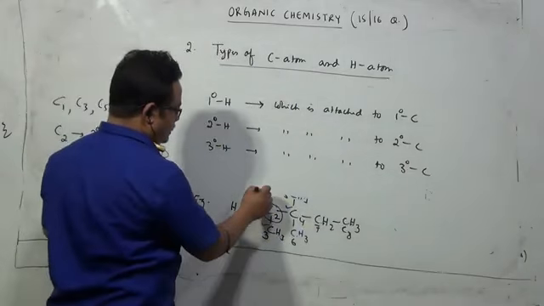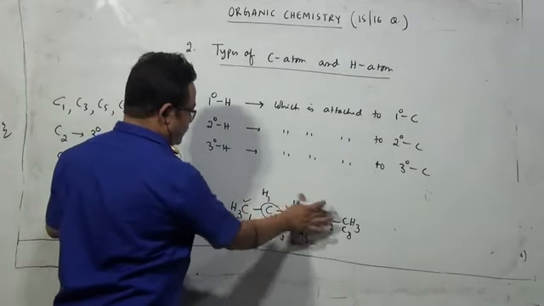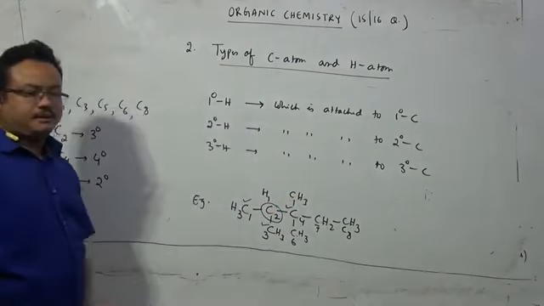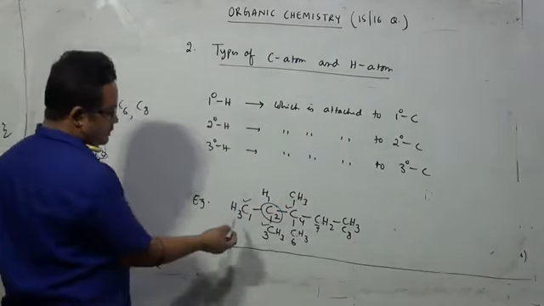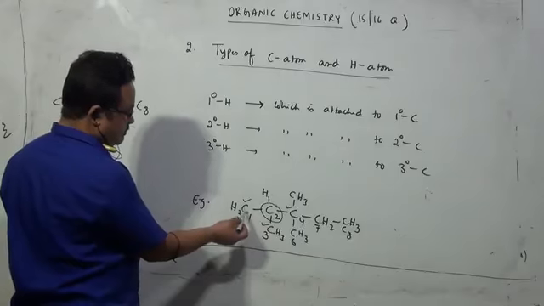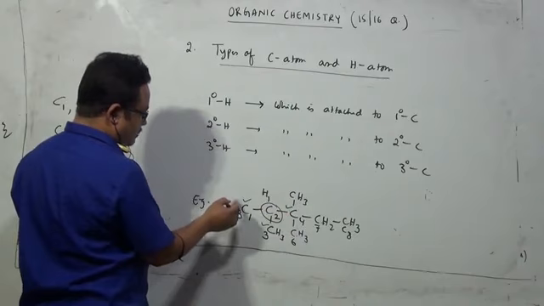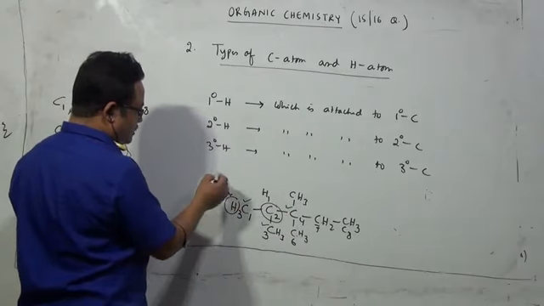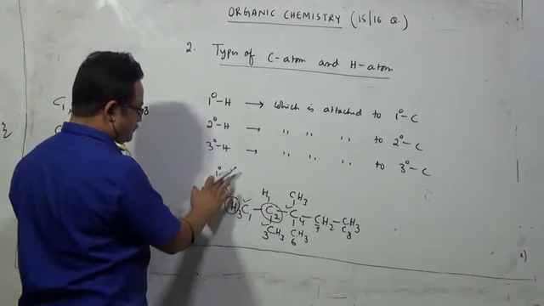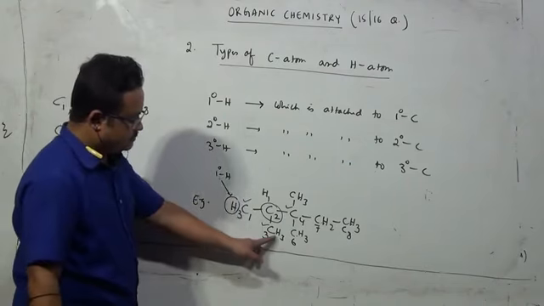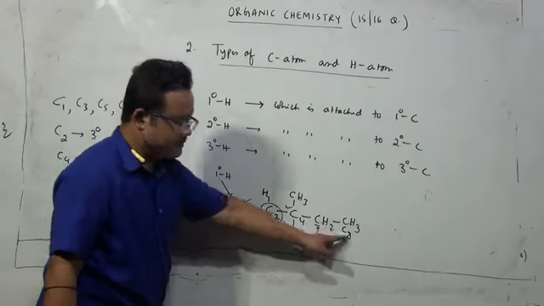In this same example, the hydrogens on the primary carbons are primary hydrogen. This is primary hydrogen, and this is also primary hydrogen.